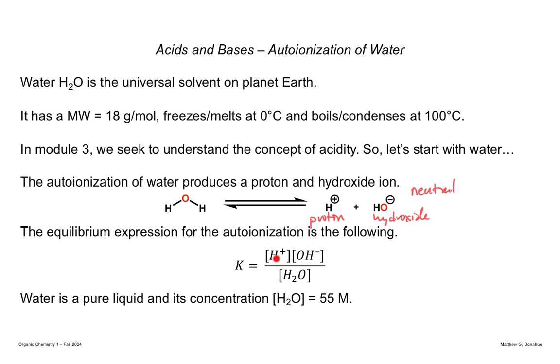So the concentration of the proton times the concentration of hydroxide divided by the concentration of water. And it's been determined that pure water has a concentration of 55 molar. So really that's a constant, and what happens, it gets folded back into this K value.